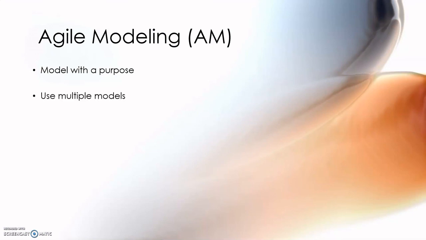AM suggests that to provide insight, each model should present a different aspect of the system, and only those models that provide value to their intended audience should be used. Then travel light. In software engineering work, keep only those models that will provide long-term value. So every work product that is kept must be maintained as changes occur.